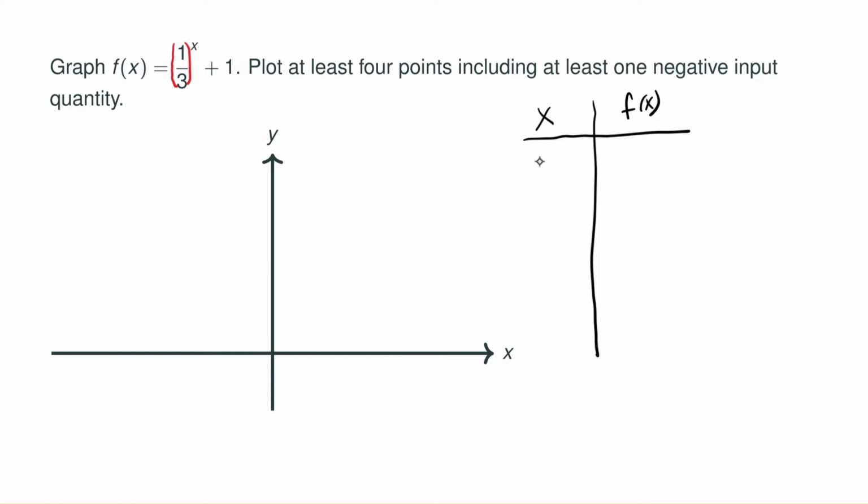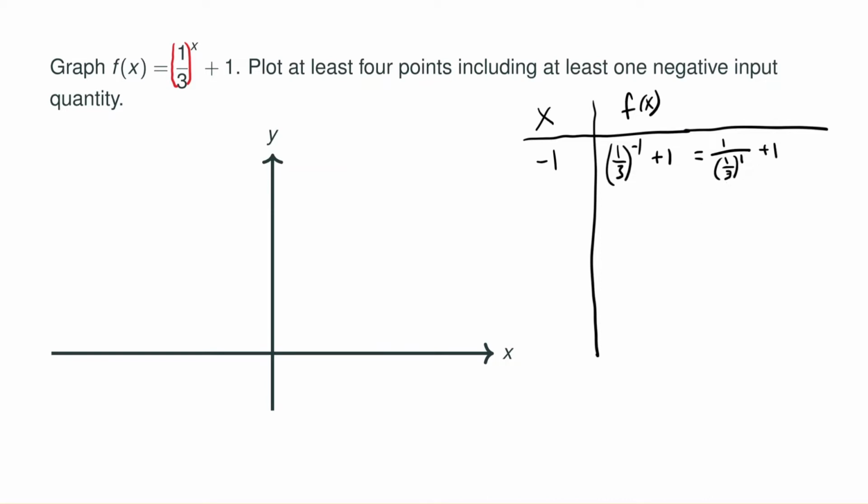we plug x, which means we're going to raise 1 over 3 to the x power. So let's plug -1. Then I get 1 over 3 to the -1 power plus 1. And this -1 power is the same thing as 1 over the entire thing, 1 over 3 to the positive power. That's what negative exponent means, right?